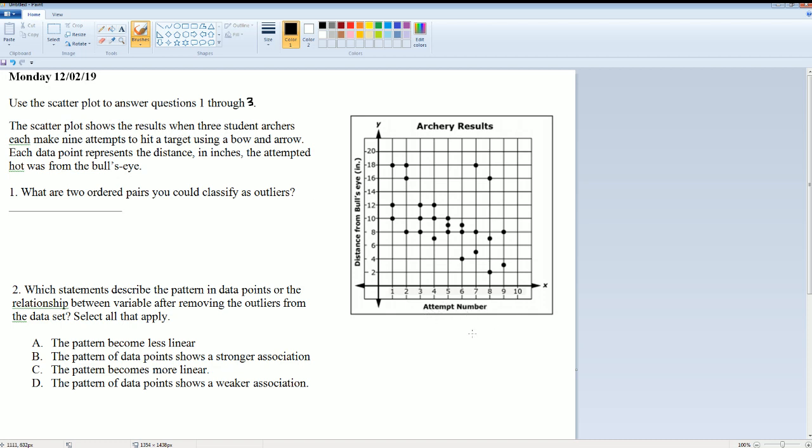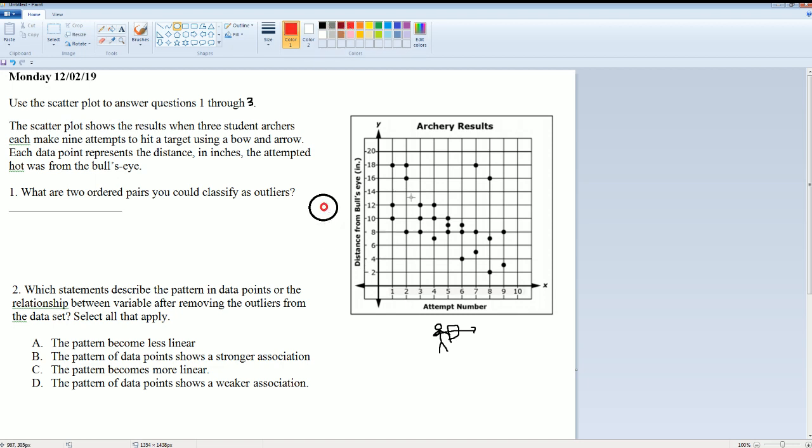I don't know if you know what an archer is, but it's a person who has a bow and arrow, and they shoot. What they mean by a bullseye is that there's a circle, and another circle, and in the middle there's something called a bullseye, and you try to hit it as close as possible.